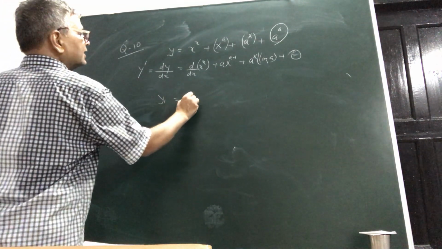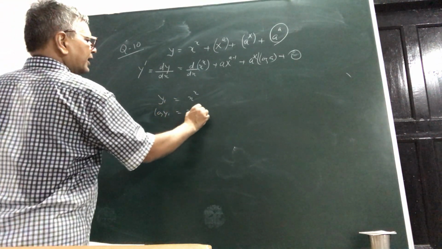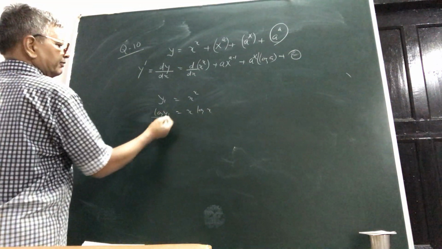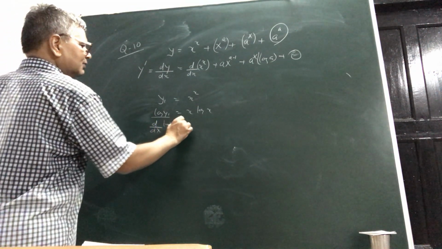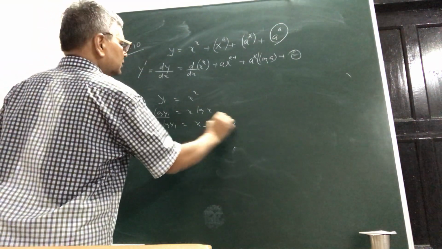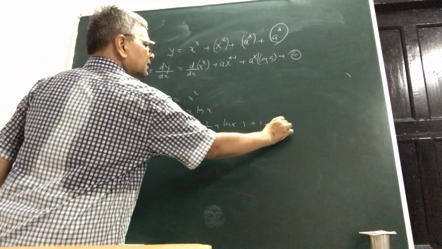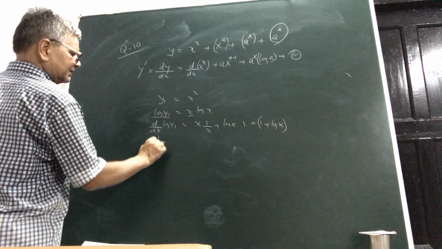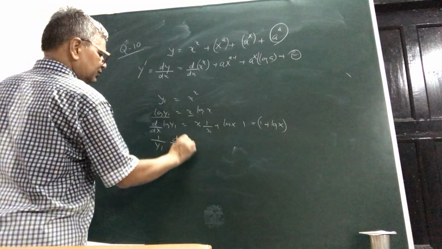Let y1 be equal to x raised to power x, so taking log, log y1 is x log x, and then differentiating both sides. So this differentiation will give me what? d by dx of log y1 is equal to first function into derivative of second plus log x into derivative of the first, that is 1. So this is 1 plus log x. And the left side, d upon dy you will take, and that will give me 1 by y1 and dy1 by dx, which we were looking for.